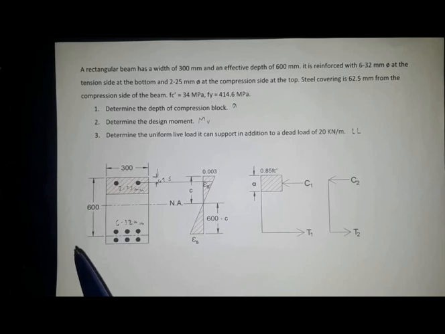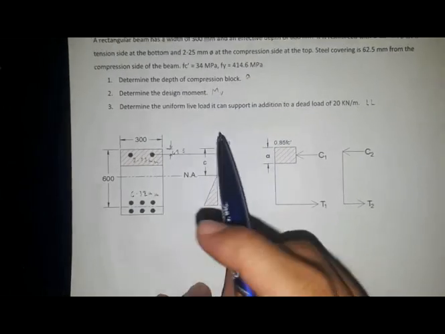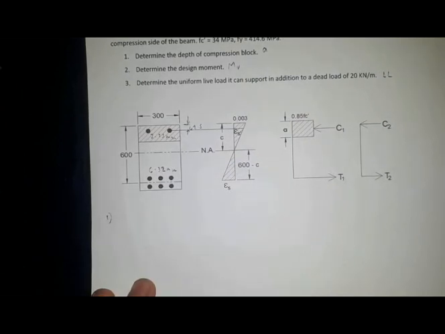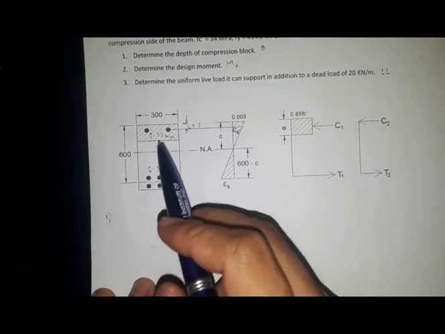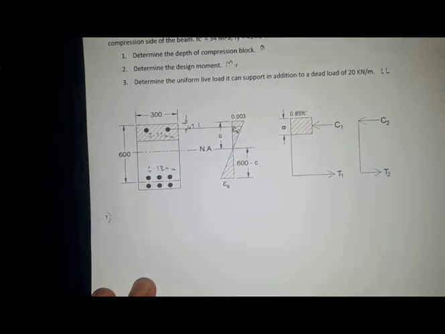Let's try to answer this. Number 1, determine the depth of the compression block. So first, let's check if we really need compression bars. So, let's check if there's a need.